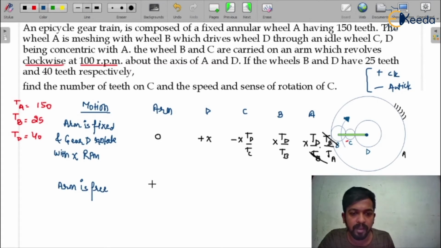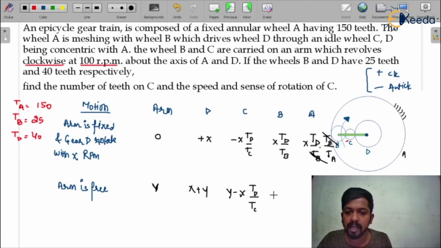So here the arm is free, means arm is having some velocity, so I'm assuming that it rotates with y rpm in clockwise direction. So total motion of the gear D would be y minus x. You just have to add y in all the table entries in order to get the total motion.